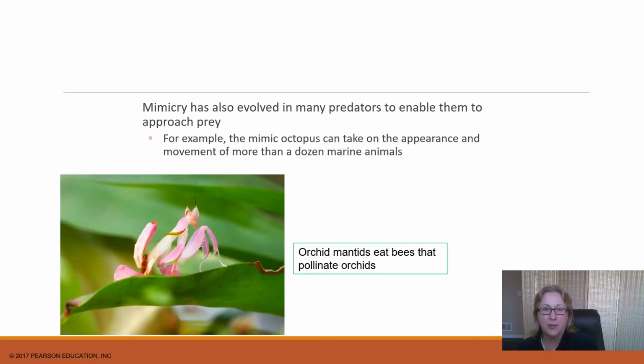So mimicry by predators can be really interesting. We have mantises here that are camouflaged, they're green, but if you're a mantis that lives on colorful flowers like orchids in the tropics, many of those species are colorful so that they blend in with the flowers. Mantises are insects that are ambush predators.